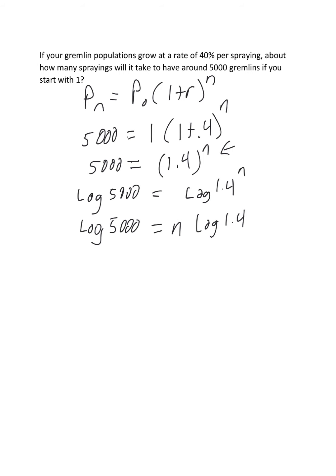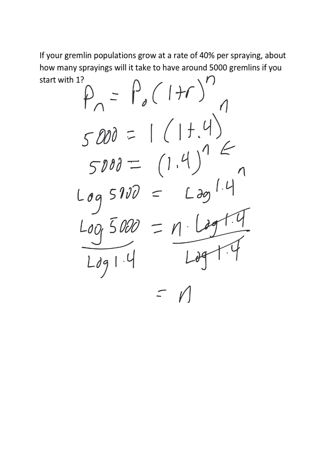So if you have n log 1.4, this is n times log 1.4. So to get rid of the log of 1.4, we're going to divide by log 1.4. So you're left with n on this side because these cancel.